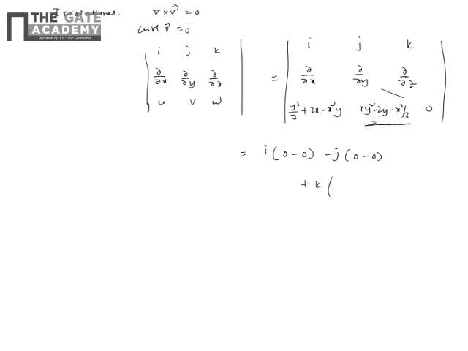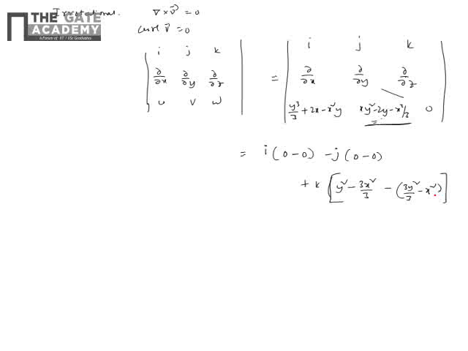Now dou by dou x of this is y square, the second term doesn't have x. The third term is x cube, differentiate with x, so it is 3x square by 3, minus dou by dou y of this. Dou by dou y of this will be 3y square by 3, and when you differentiate with y, the other term is x square.